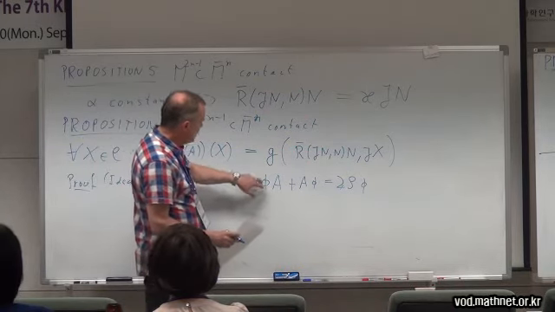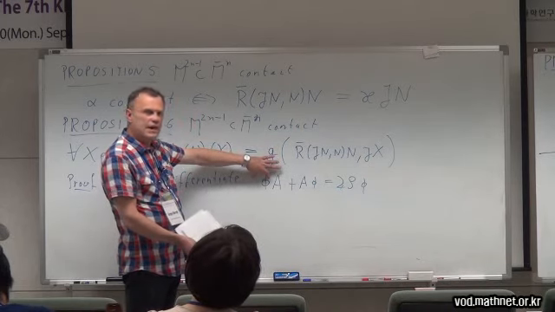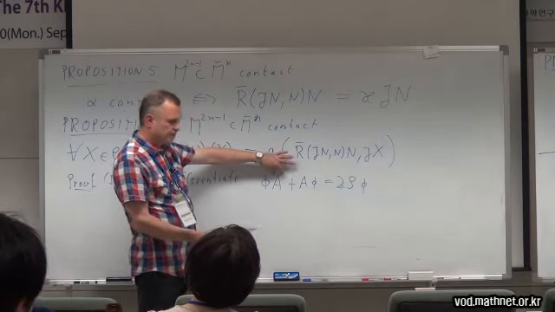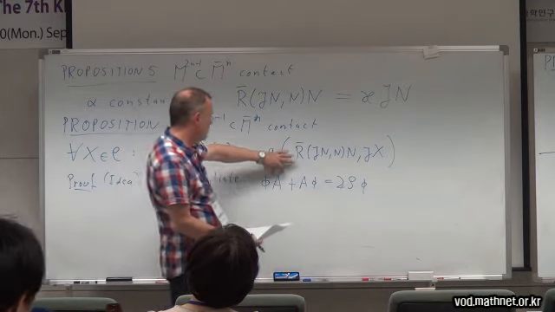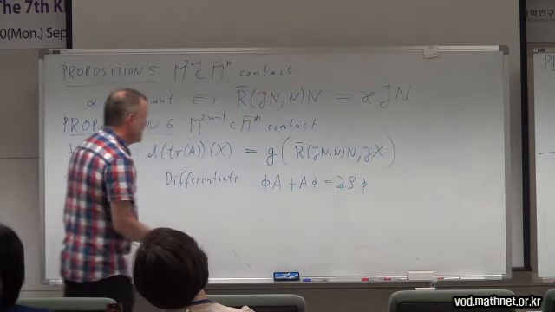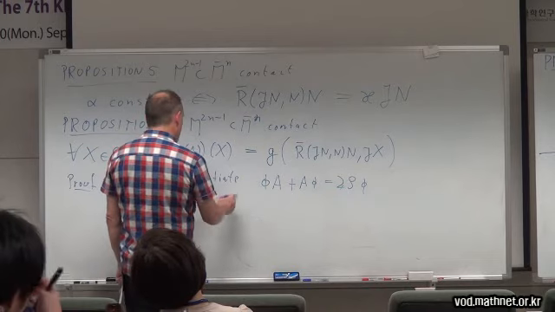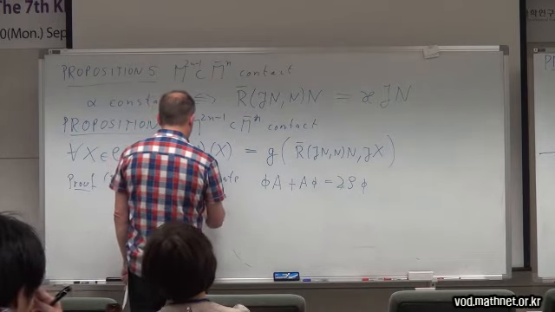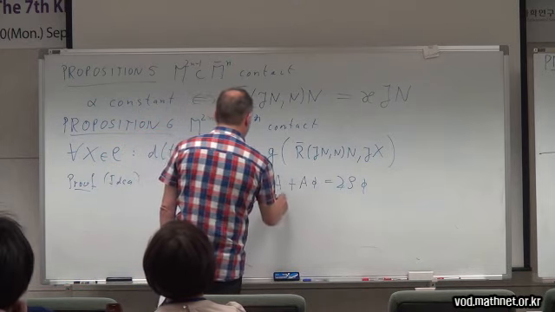When you do this, you get expressions with the covariant derivative of phi, we know this, we can calculate this, and the covariant derivative of A, and that's all we get here. Rho is constant, and then what one does is differentiate and then contract the resulting equation.